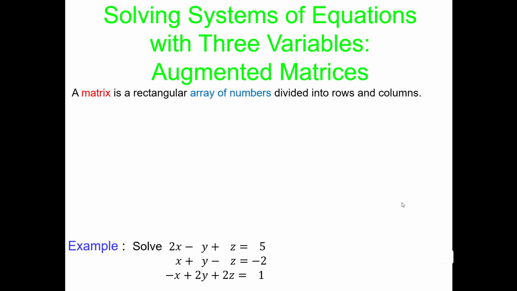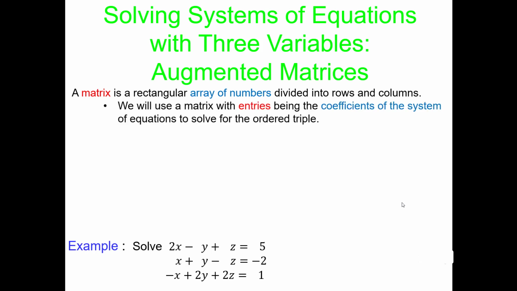So a matrix is nothing more than just a rectangular array of numbers that are broken into different rows and columns. In our problem, the entries that we put into the matrix will be simply the coefficients of the system of equations. So I can create a matrix by just putting in brackets here the coefficients of 2, -1, 1, 1, 1, -1, and -1, 2, and 2.